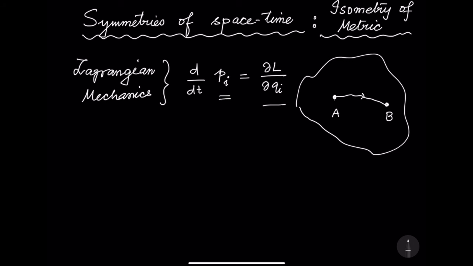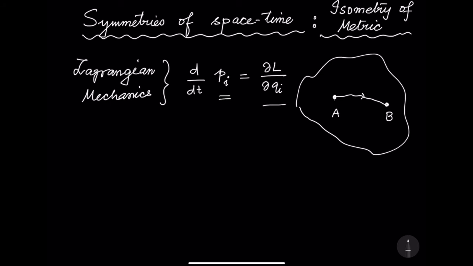This is a particular translation I am doing, a particular type of coordinate transformation, as I go from A to B. If I see that the metric locally at B is exactly the same as the metric locally at A, then I will say, imagine that I went to sleep while I was at A.